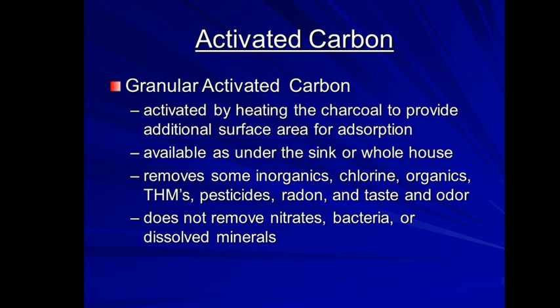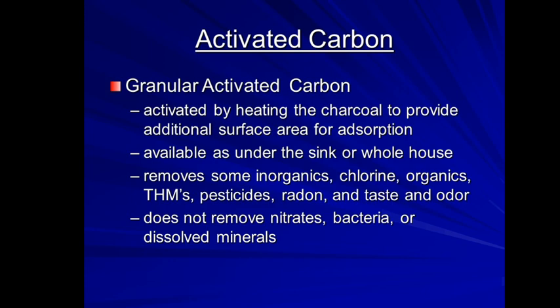Because it is activated by heating the charcoal to provide additional surface area for adsorption. If it has a huge amount of surface area, it removes the maximum impurities from the water. That is why it is activated by heating the charcoal, and that is called activated carbon.